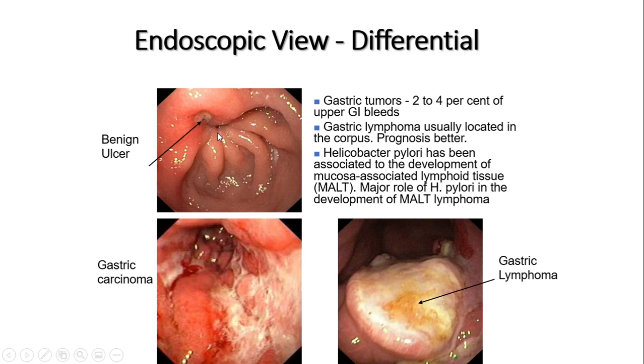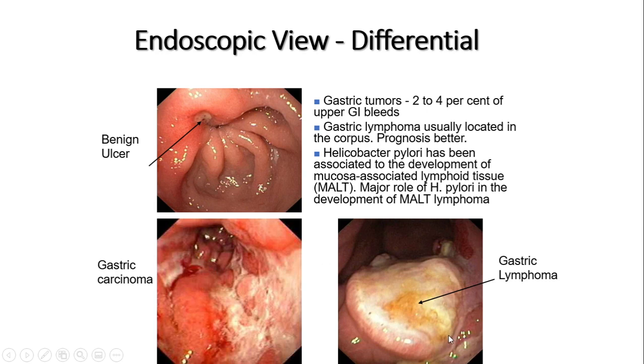Multiple pictures shown by endoscopy. Here the lesion is well demarcated, punched out, like a peptic ulcer. This is a benign lesion, to compare it with malignant tumors in which there are areas of bleeding, irregularity and fungating lesions.